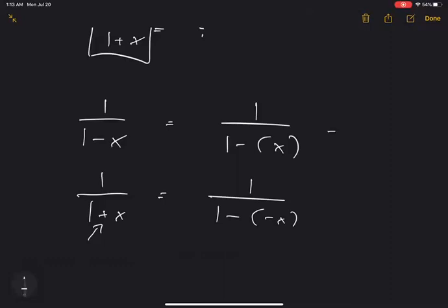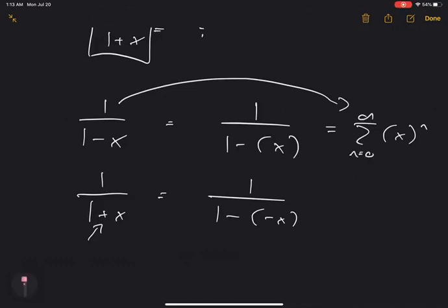And on one hand, I know this power series, right? That's equal to this thing, x to the power n. Well, if 1 over 1 minus x equals this, what should this be? The only difference is, here I have positive x, here I have negative x.